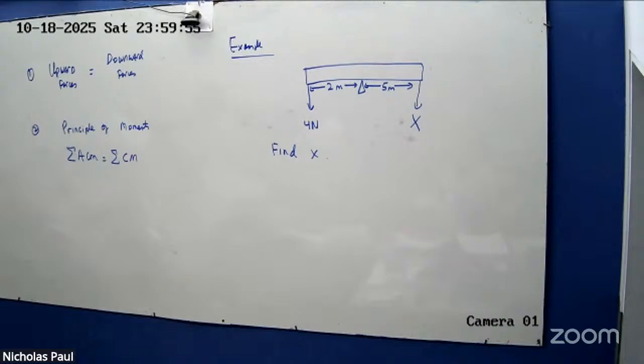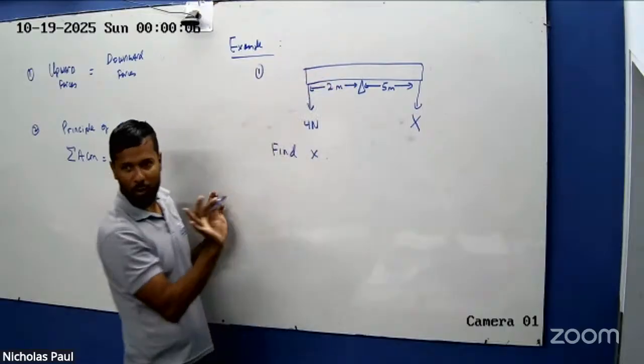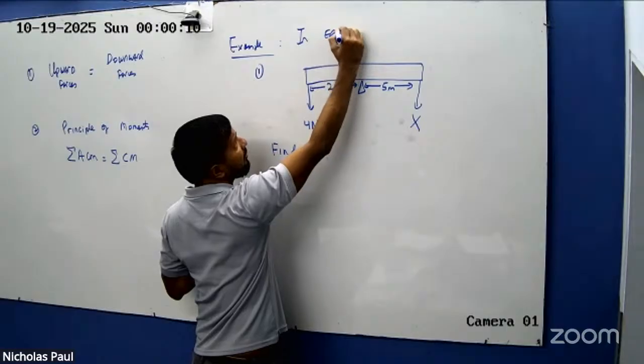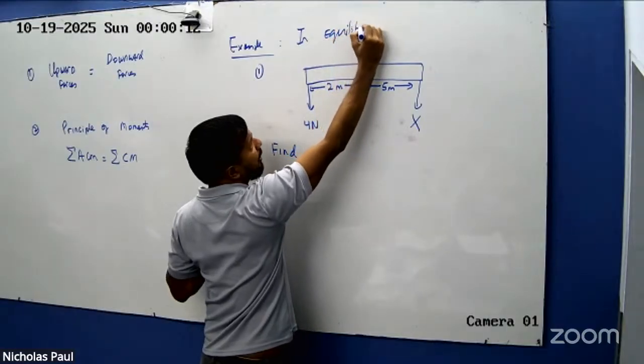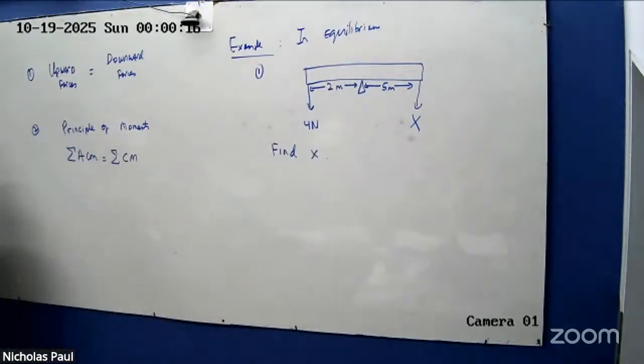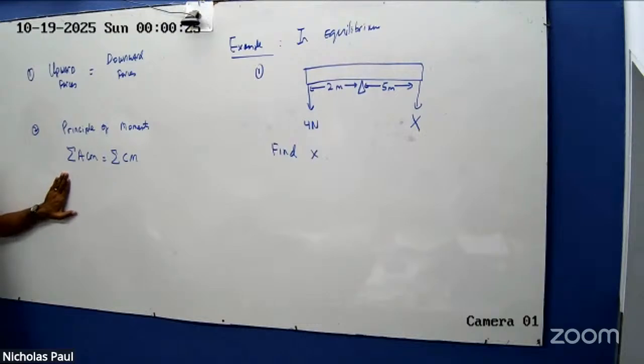Let's say that the system I drew on the board is in equilibrium. Everything I draw is in equilibrium. So for that system to be in equilibrium, what must happen? Upward equal to downward, or clockwise equal to anti-clockwise.